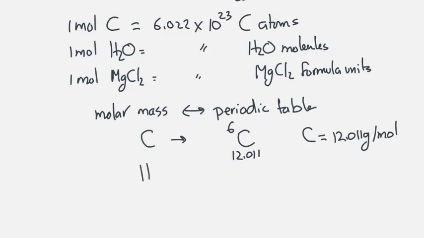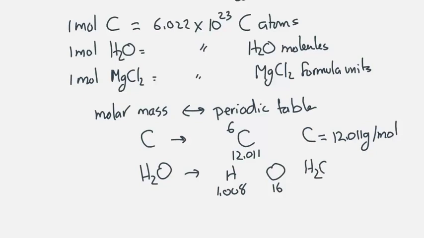For water, it's made up of two elements, hydrogen and oxygen. So you go similarly to hydrogen and to oxygen and you check the numbers. For hydrogen, we have 1.008. For oxygen, it's 15.999, which is 16.